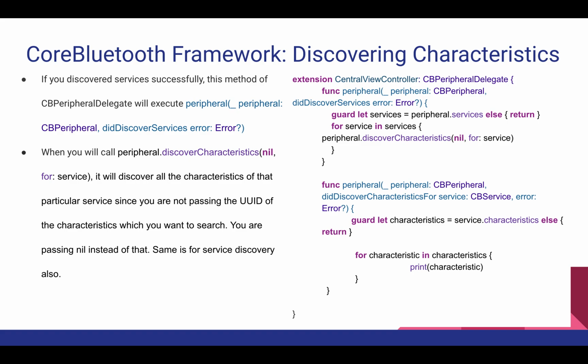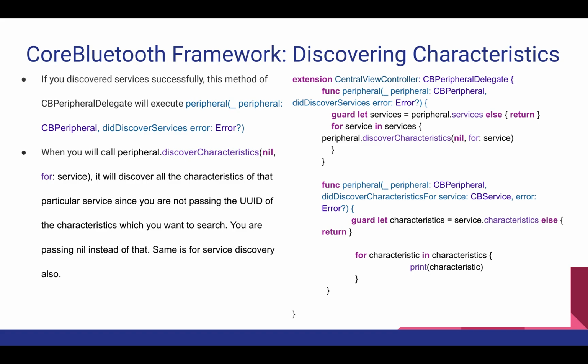We can use the discover characteristics function for that, and see, here we are passing nil for the array of the UUID. When we pass nil, either in case of characteristic or the service discovery, it scans all the available characteristics and services.